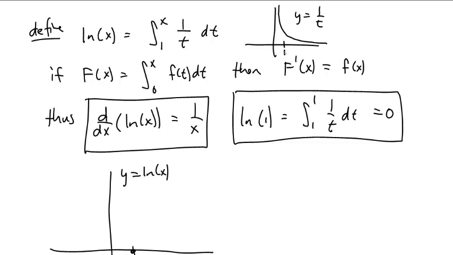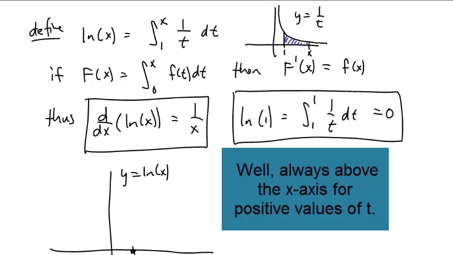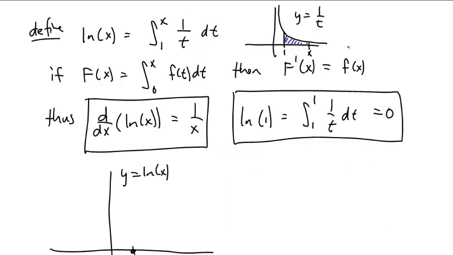And so we're taking the area from 1 on, well, up to x, let's say. I'm not going to be able to shade that in very well. But as you can tell, this function, 1 over t, is always above the x-axis. So the area is always going to be positive. And as x gets bigger, we're going to add more and more area.